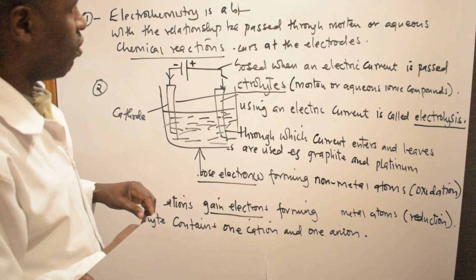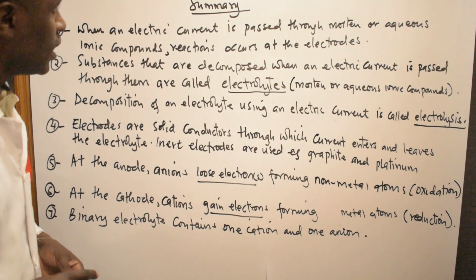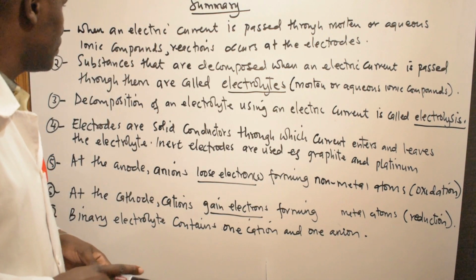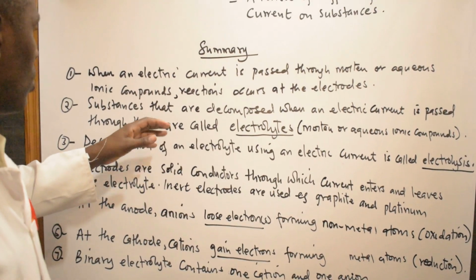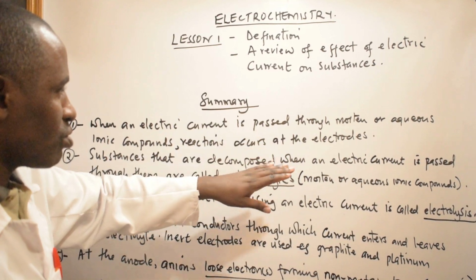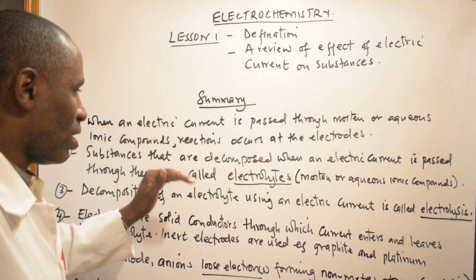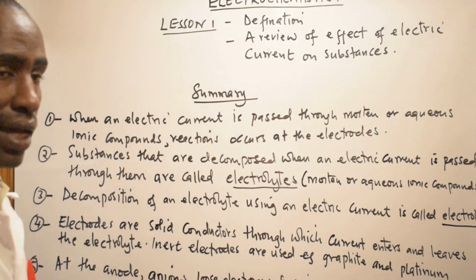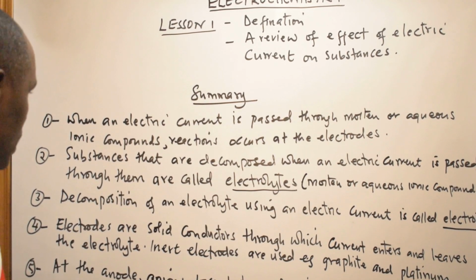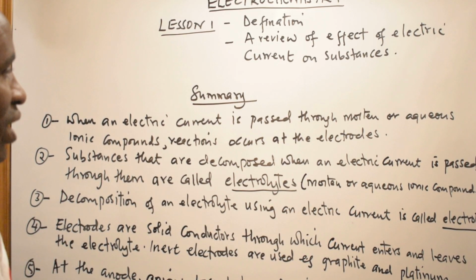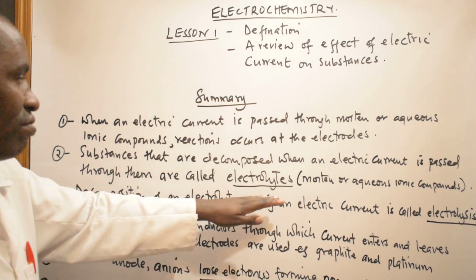So maybe now a quick summary of our lesson today. Number 1, when an electric current is passed through molten or aqueous ionic compounds, reactions occur at the electrodes. Then number 2, we have the definition of electrolytes.